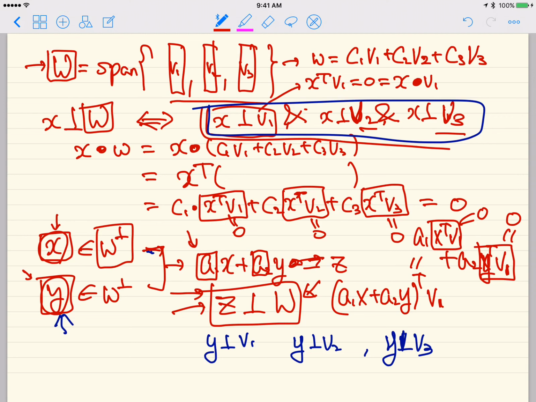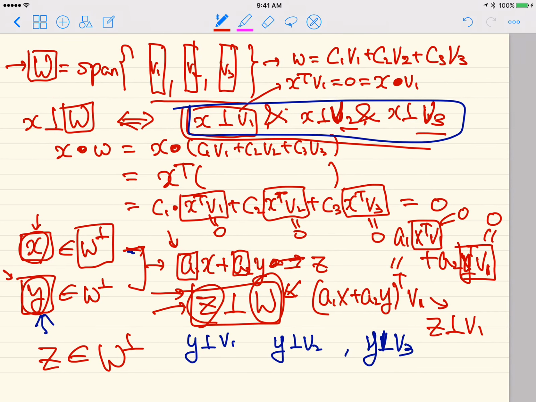So z is also perpendicular to v1, and likewise to v2 and v3, so z is orthogonal to the subspace W. We can conclude that z belongs to W perpendicular, which means W perpendicular is closed under linear combination, and thus W perpendicular is also a subspace.